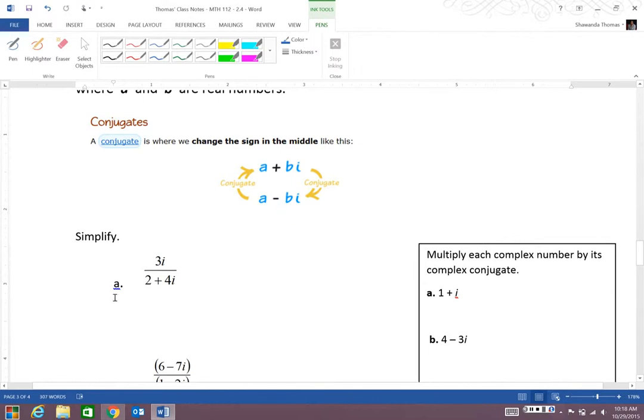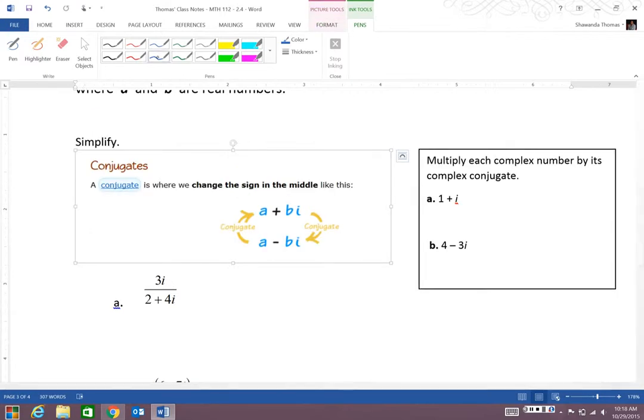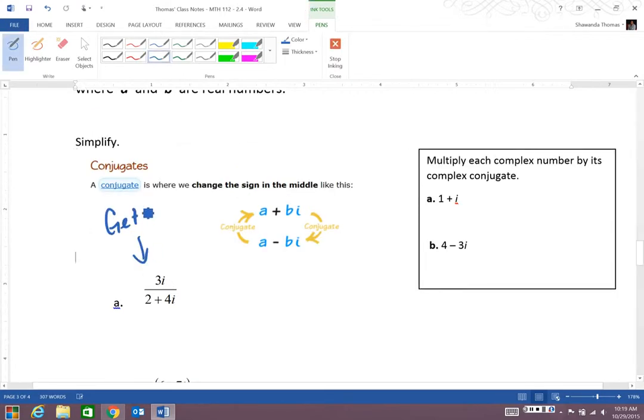Now it says simplify 3i over 2 plus 4i. It turns out, just like radicals, we can't have i's in the denominator. So again, we have to get this i out of the denominator. And how can we do this?